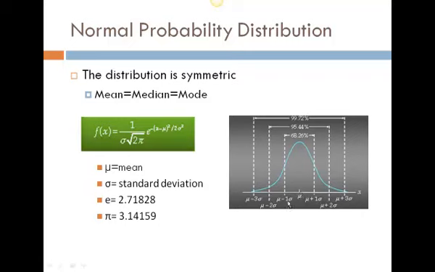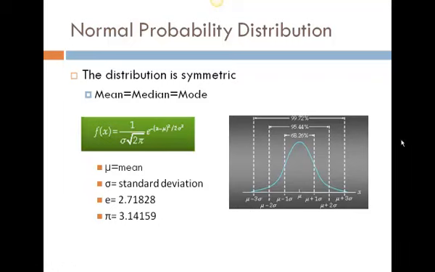So mu minus 1 standard deviation and mu plus 1 standard deviation, they fall within that range. 95% falls within 2 standard deviations of the mean, so mu plus or minus 2 standard deviations. And then 99% falls within 3 standard deviations of the mean, so mu plus or minus 3 standard deviations.